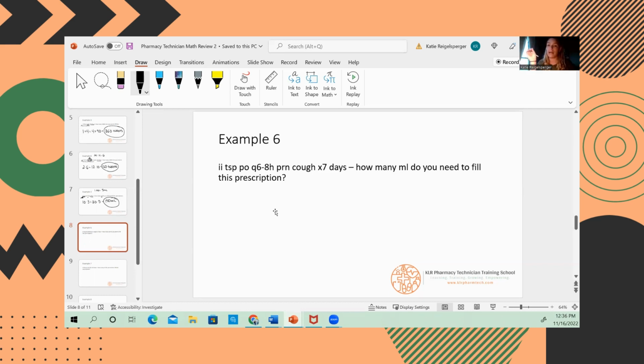And now we are going to combine both things that we just learned in number 6 and number 7 there, and we are going to put it all together. So the first thing that we need to do when we see a prescription like this is we need to look at this guy right here. We know that because the doctor is giving an option of how often the patient can take the medication, as a pharmacy technician, we're always going to choose the one that allows the patient to take it the most times.